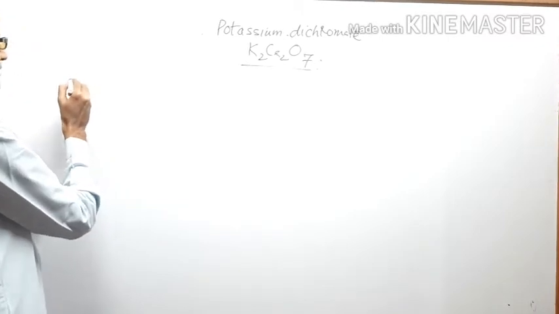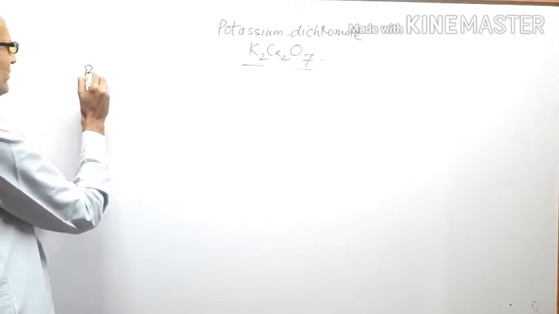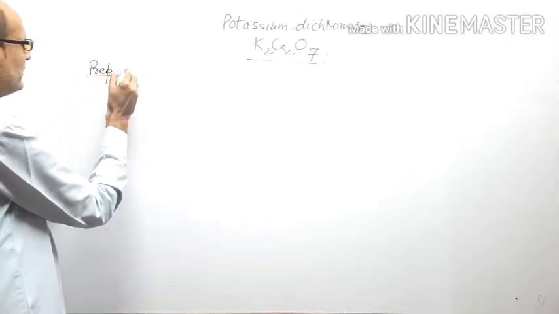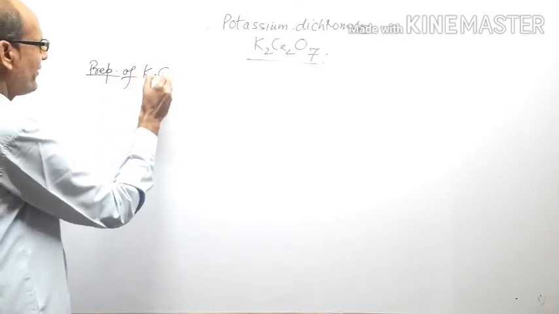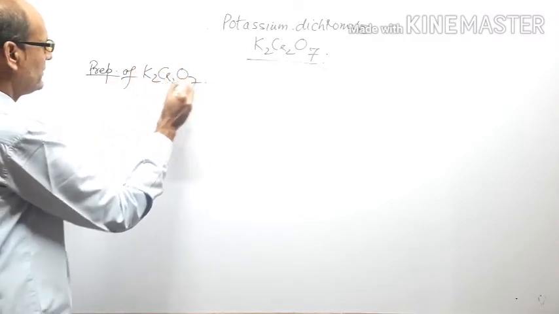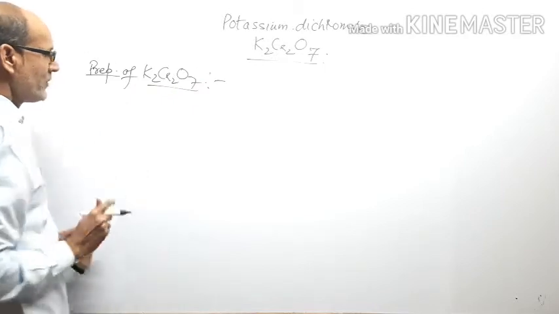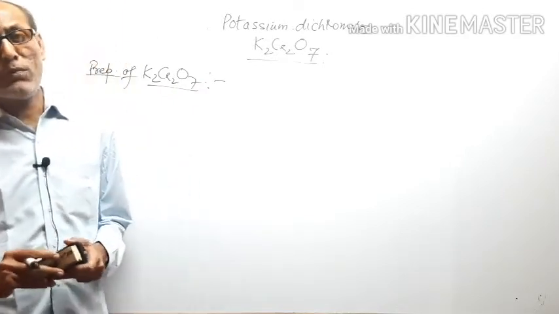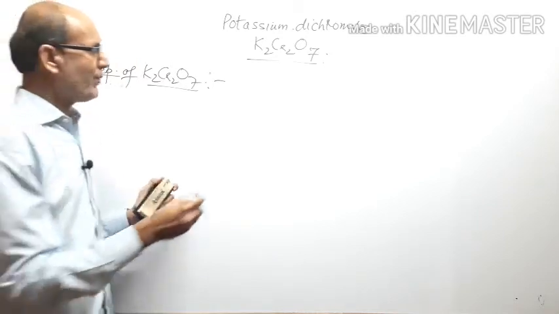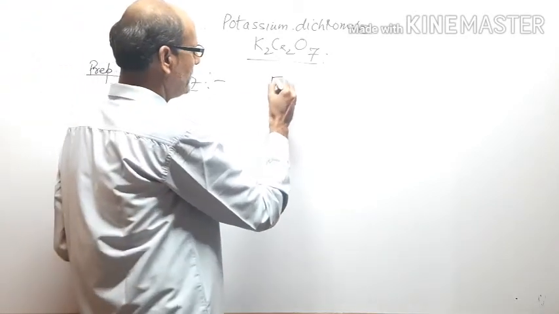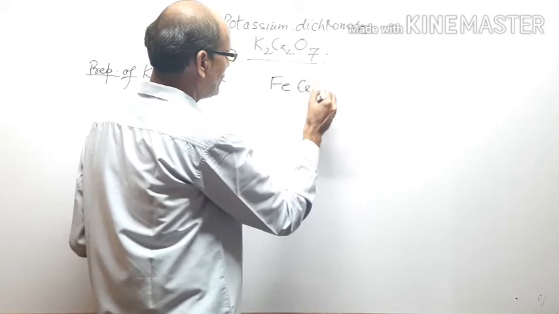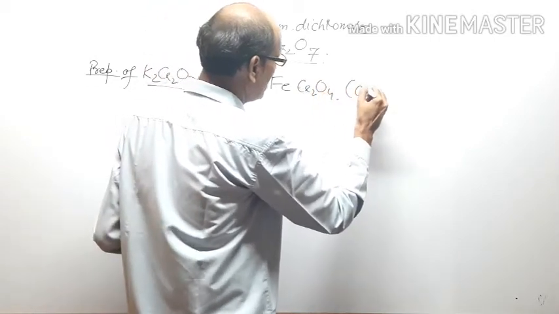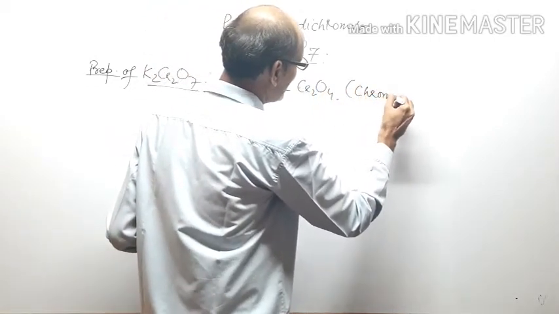So first of all, preparation of K2Cr2O7. Potassium dichromate can be prepared from the chromite ore. Chromite, that is FeCr2O4, chromite ore.